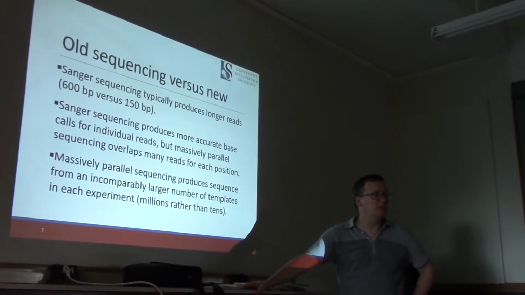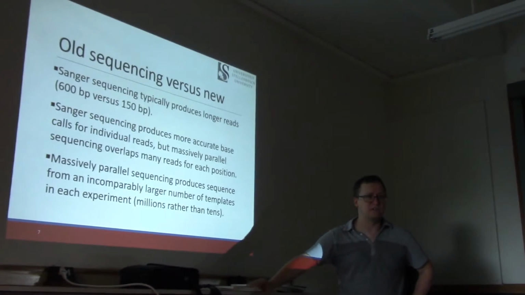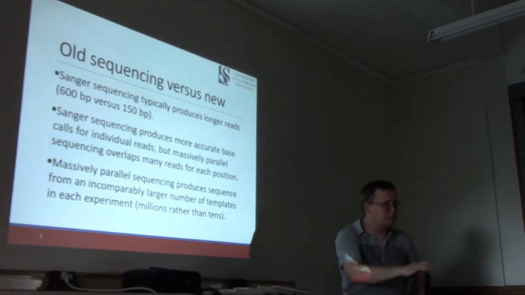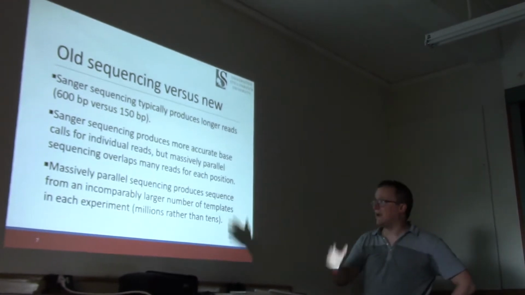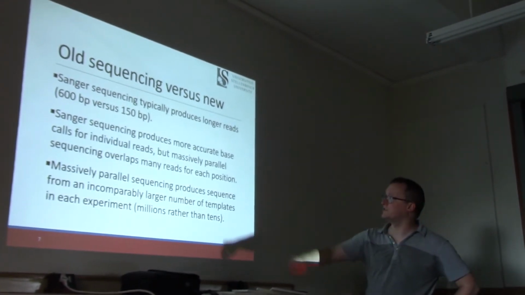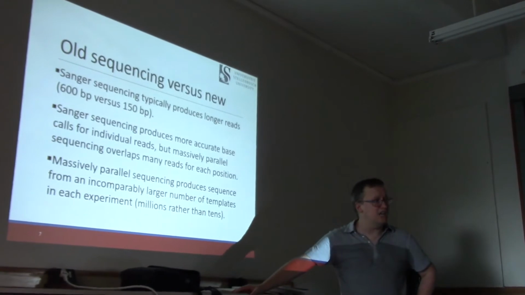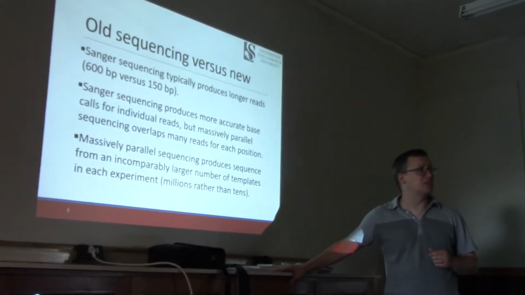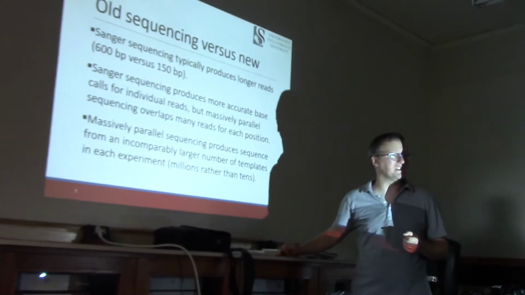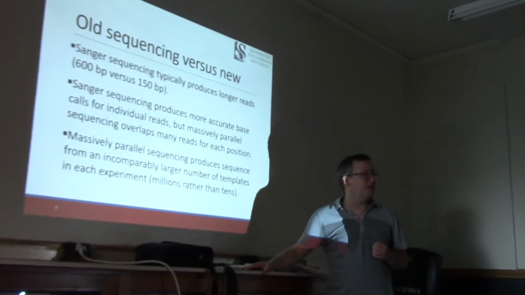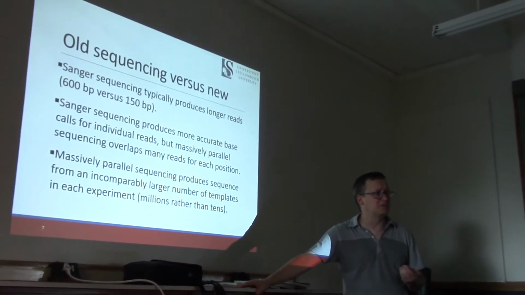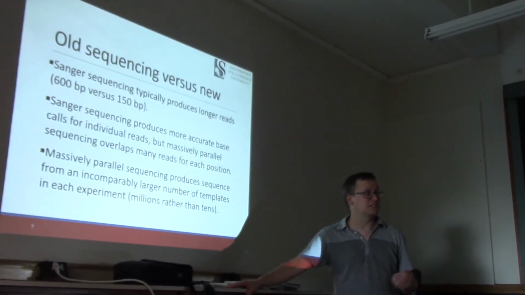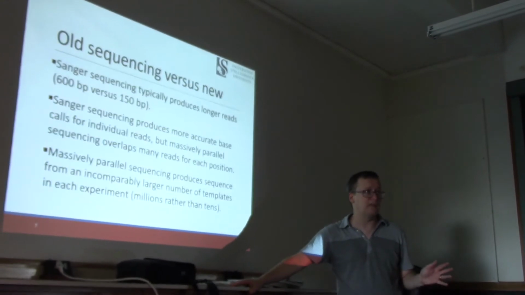Generally speaking, when we talk about capillary electrophoresis, fluorescent tag, automated sequencers, the kinds of things that completed the Human Genome Project back in the late 1990s and early 2000s, we would see that an individual template would be sequenced to a length of about 600 base pairs. Today, it's very frequently the case that our next-gen sequencers are cranking out about 150 base pairs instead. Now, some of them can go much, much longer than that.